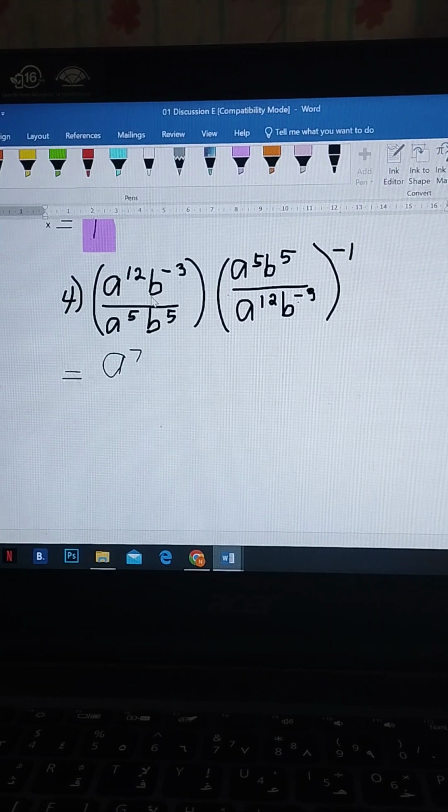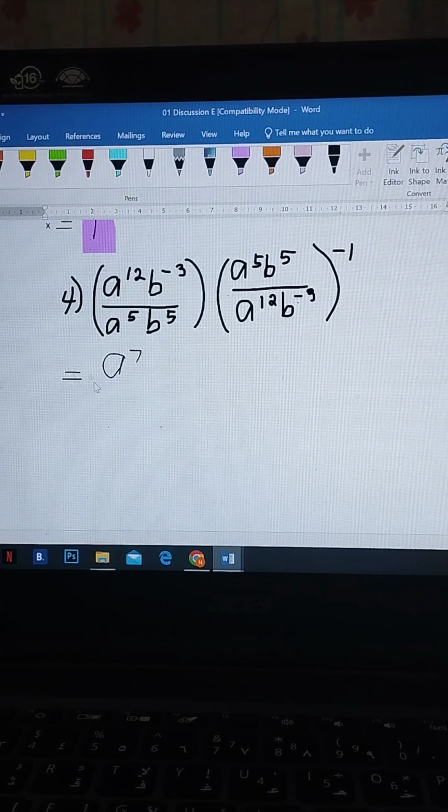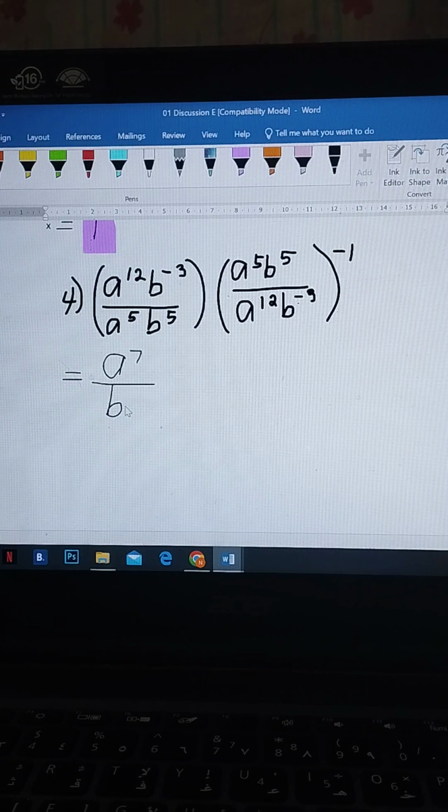Now, b raised to negative 3 and b raised to 5, the exponent of the denominator is greater, that's why that is 1 over b raised to 5 minus negative 3, or 5 plus 3, which is equal to b raised to 8.